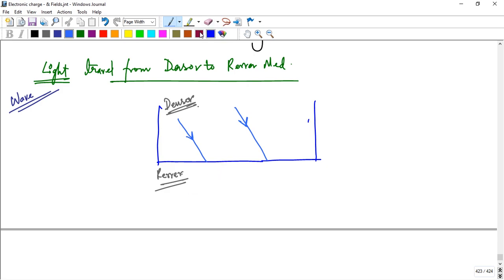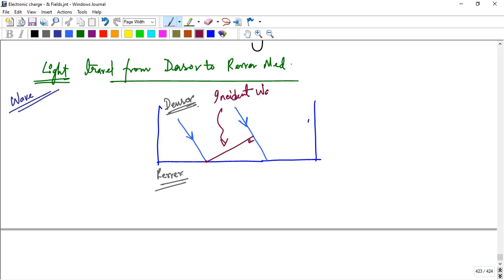The incident wavefront looks like this. So draw a perpendicular from this line to this line, and we get a 90 degree angle, and this is the incident wavefront.